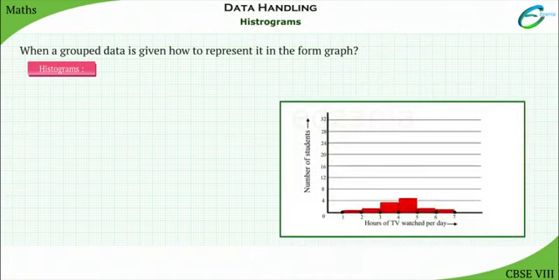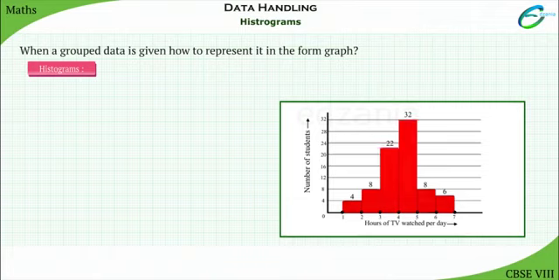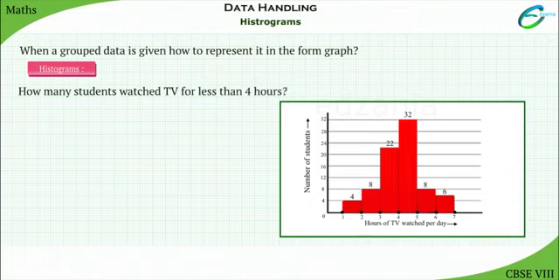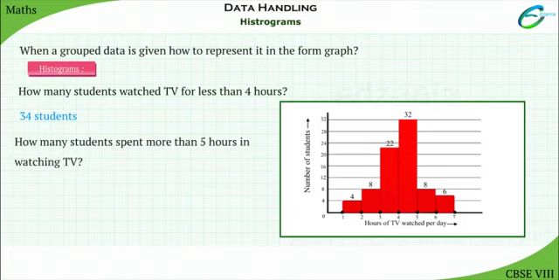Let us take one more histogram which represents the number of hours for which students of a particular class watch television during their holidays. Now tell me, how many students watch TV for less than 4 hours, by looking at this histogram? 34 students watch TV for less than 4 hours. Now tell me, how many students spend more than 5 hours watching TV?